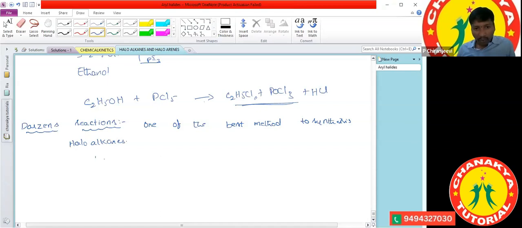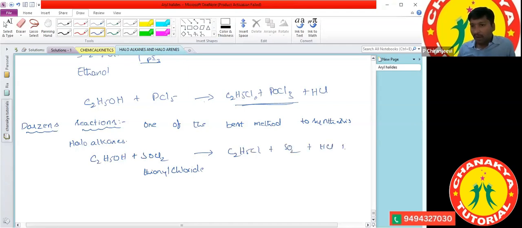Why do we call it one of the best methods? For example, if alcohol C2H5OH is treated with thionyl chloride, whose molecular formula is SOCl2, it forms ethyl chloride C2H5Cl plus SO2 plus HCl.